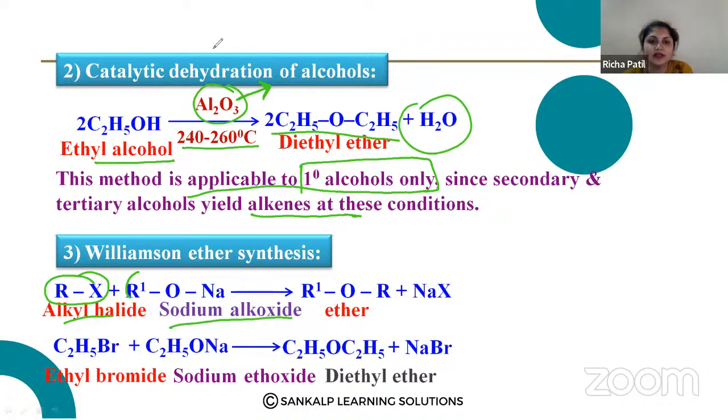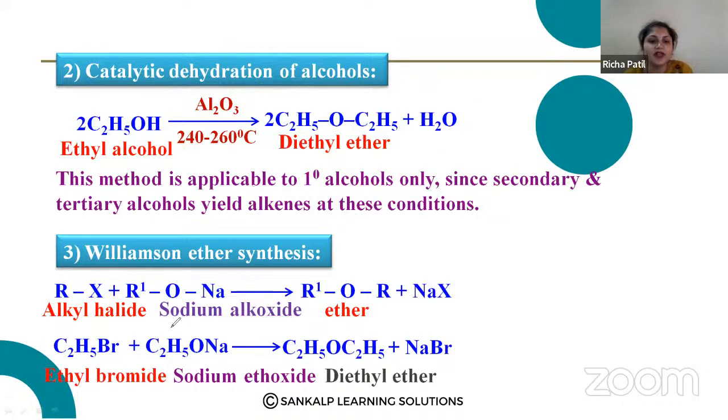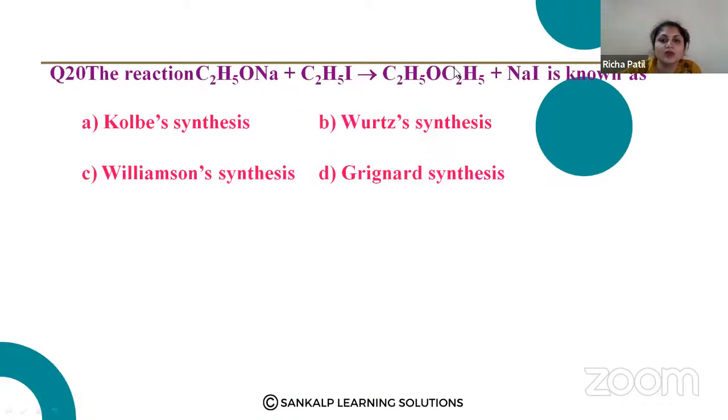NaX will be the side product and R-O-R' will be the main product, which is the ether. An example: ethyl bromide is reacted with sodium ethoxide, and you get diethyl ether as the product. So these are the preparations of ether. Based on this, we'll solve some questions.